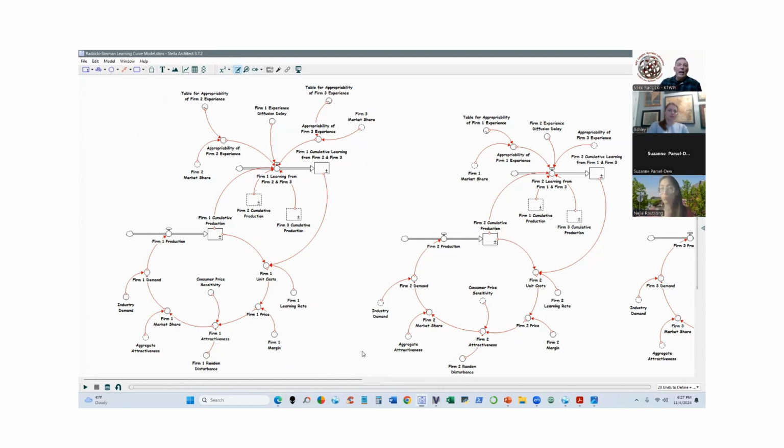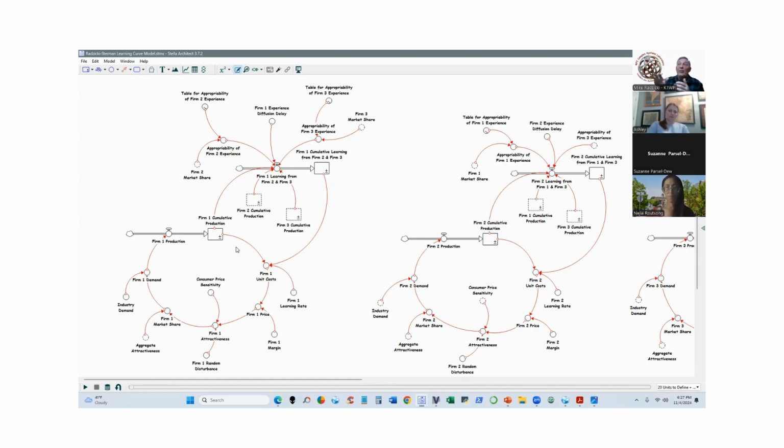So what happens here is, remember, we're going to use learning curves. The more you produce, the more you learn about producing. And if you choose to use your gain in productivity, the falling of your per unit costs, to try and gain market share by cutting your price because your costs are lower.